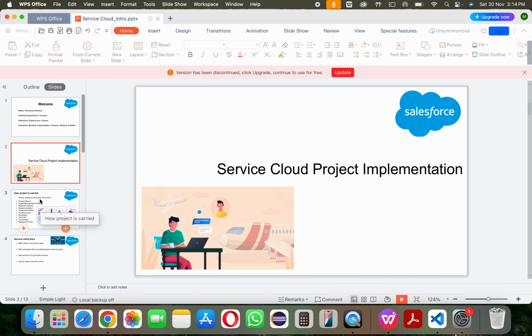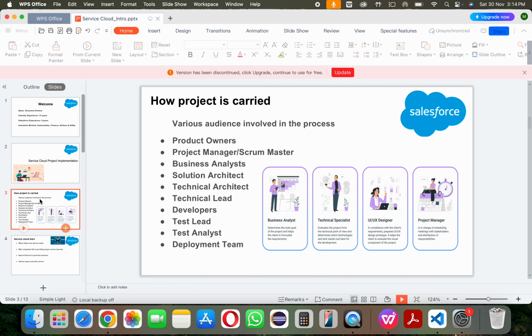So for that, let me go into the next slide where we will understand how a project is carried. To understand that, first of all, we should understand the various audiences involved in the process. What does that mean? When a project comes to a particular company, there are many people involved, and many people responsible to make it successful.